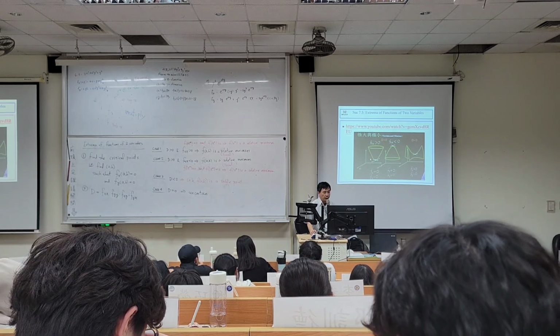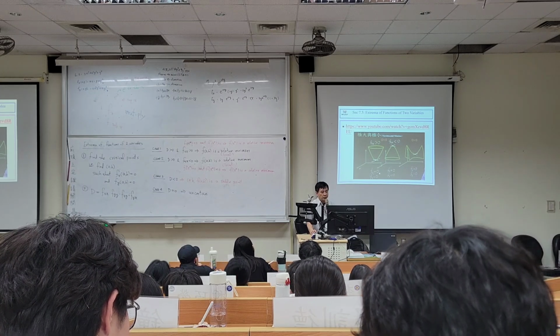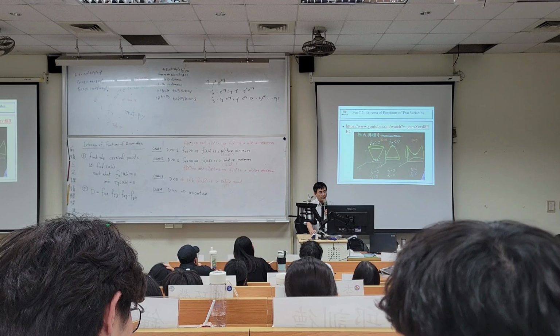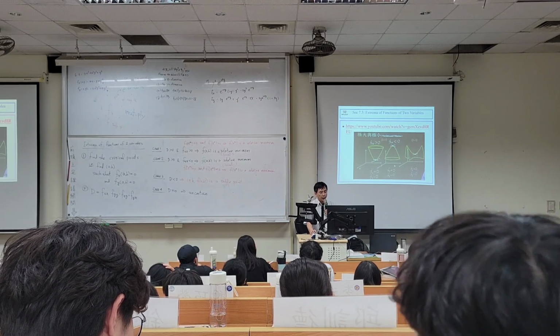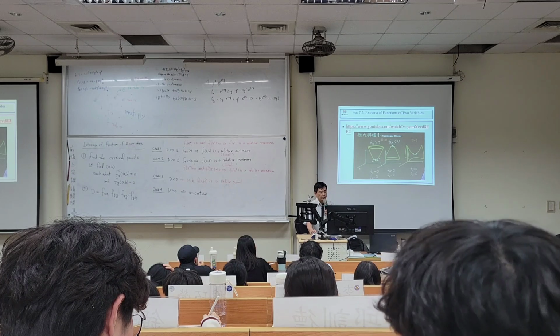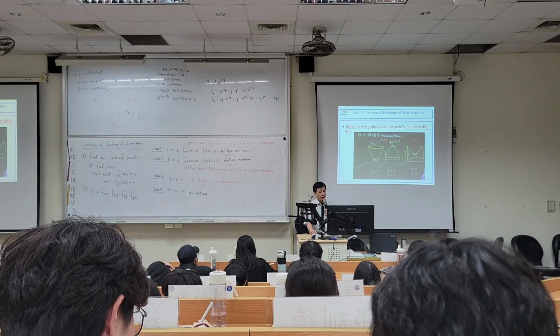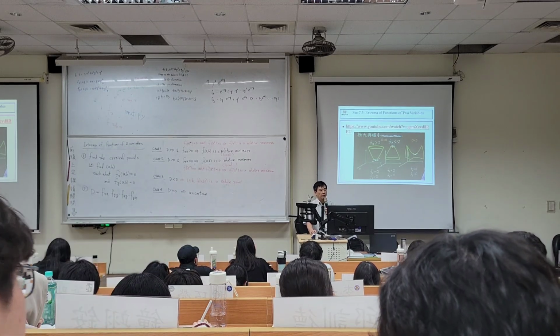This case is f sub x is 0, f sub y is 0, and f sub xx is positive. You will get the local minimum. And when the first partials are 0 and f sub xx is negative, you get the local relative maximum.